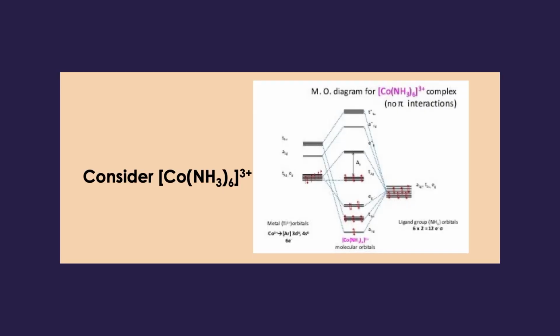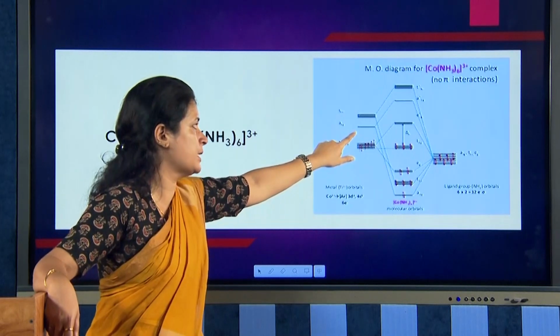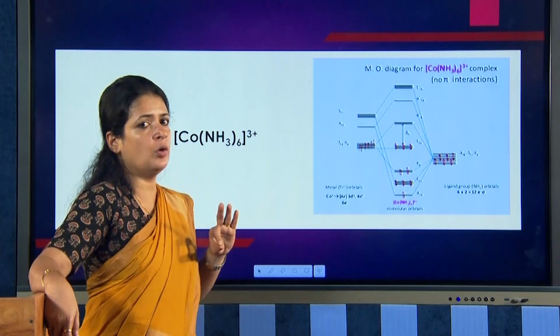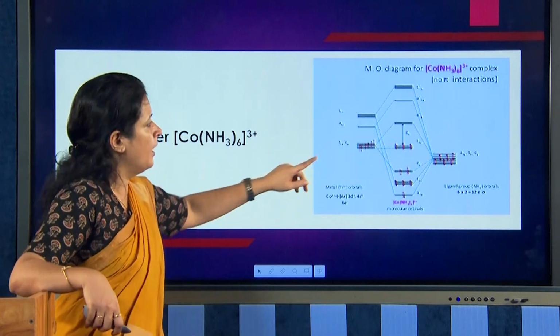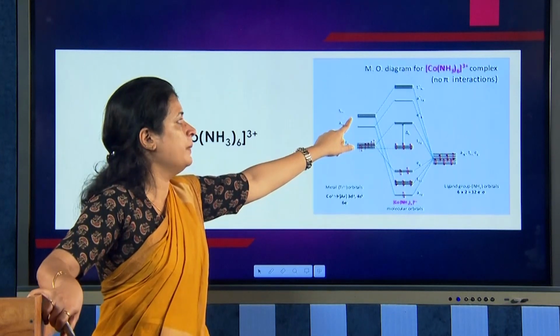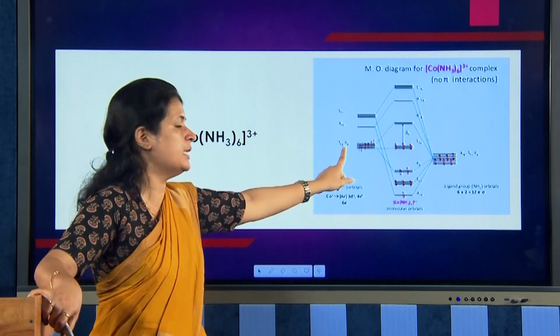On the left hand side you have the metal orbitals: 3d, 4s and 4p. 3d means the 5 3d orbitals. 4s means only one orbital, here. 4p means we have 3 p orbitals, px, py and pz. The designation is like this: s has A1G, p has the symmetry T1U, and d orbitals have EG and T2G.